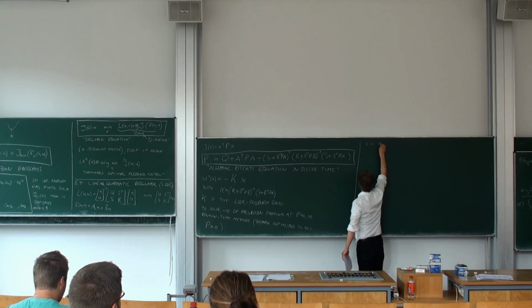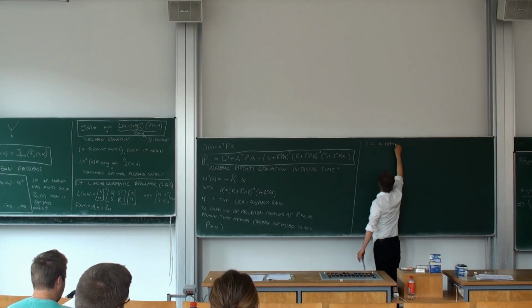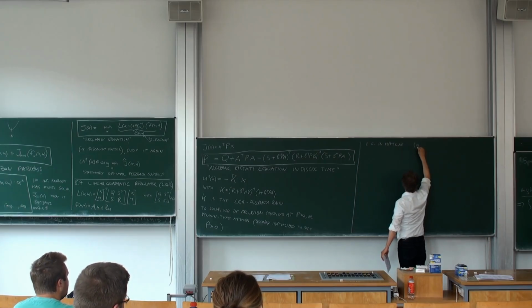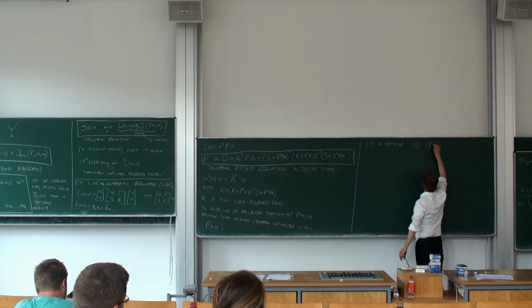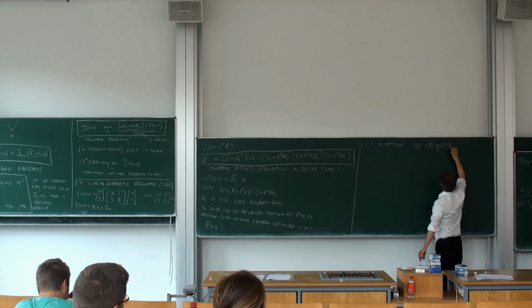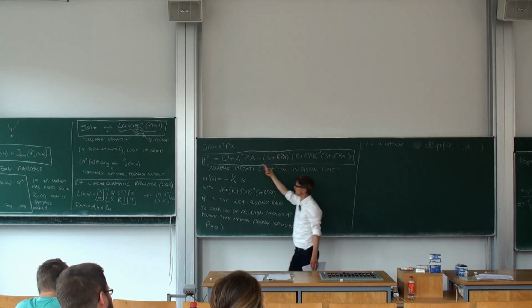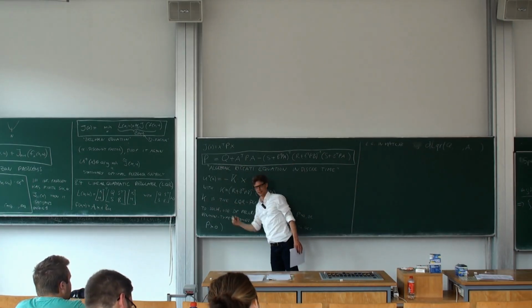In MATLAB, for example, it would be something like the command LQR. Sorry, I think it's even dLQR, and then it expects your matrices and system, and it spits out the matrix P and the matrix K.